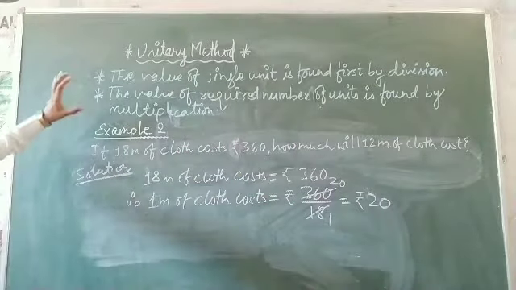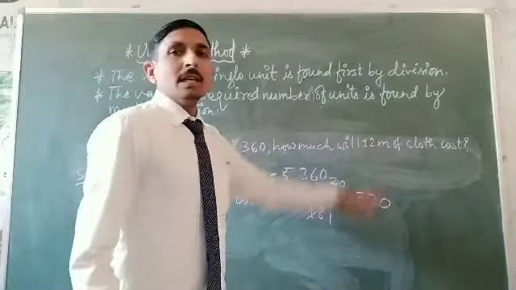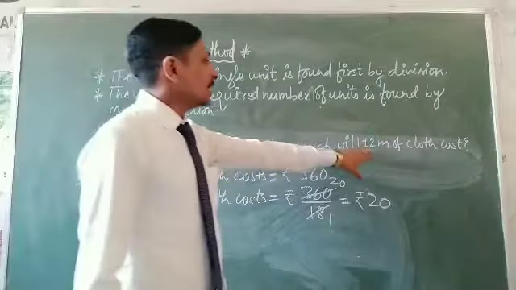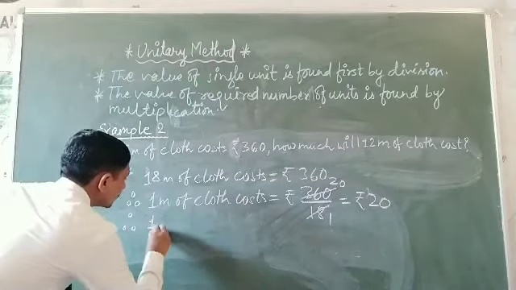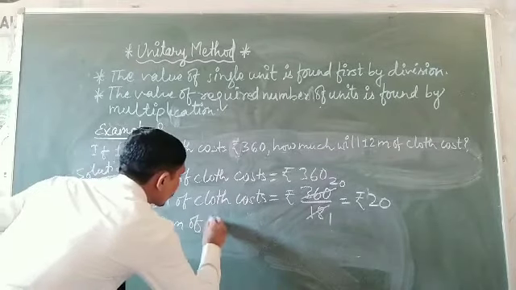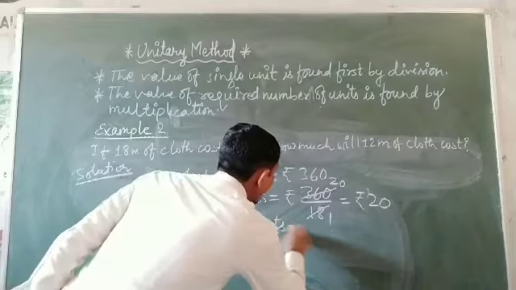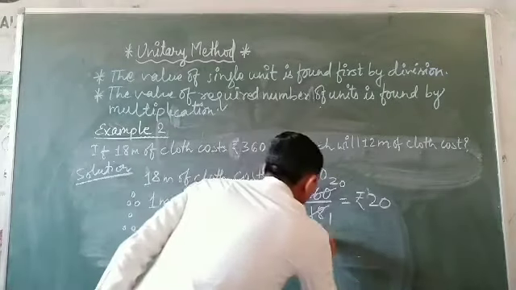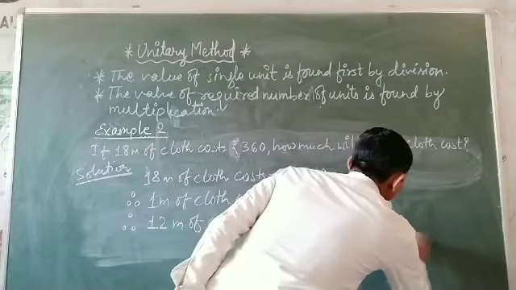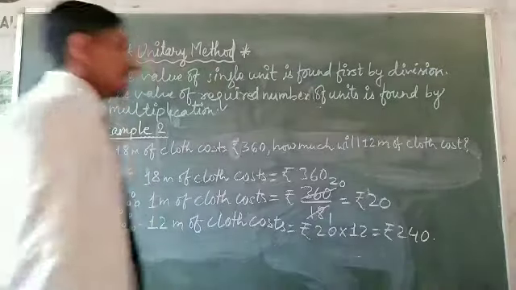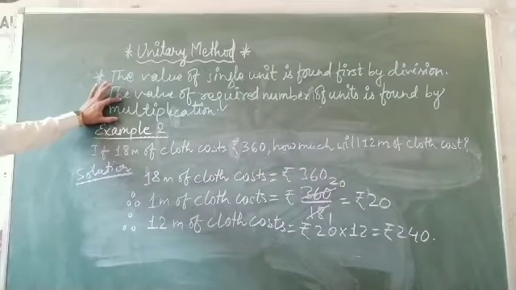Now what we have to do? Now the value of the required number of units. The required number of units is 12 meters. Now we have to find the cost of 12 meters. So 12 meters of cloth costs rupees 20 into 12 equals rupees 240. So the required number of units is found by multiplication.